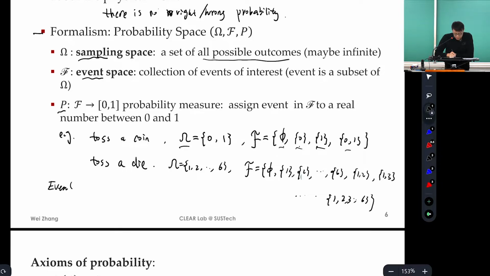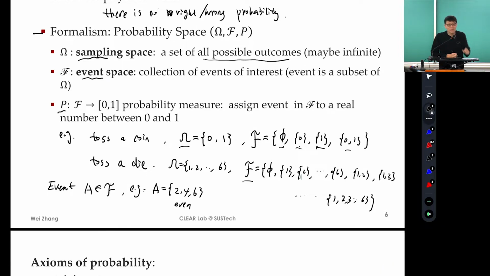So an event will be an element. An event A, let's say, belongs to the event space. For example, A can be {2, 4, 6}. Sometimes when you bet, you buy even, or you bet on even numbers.